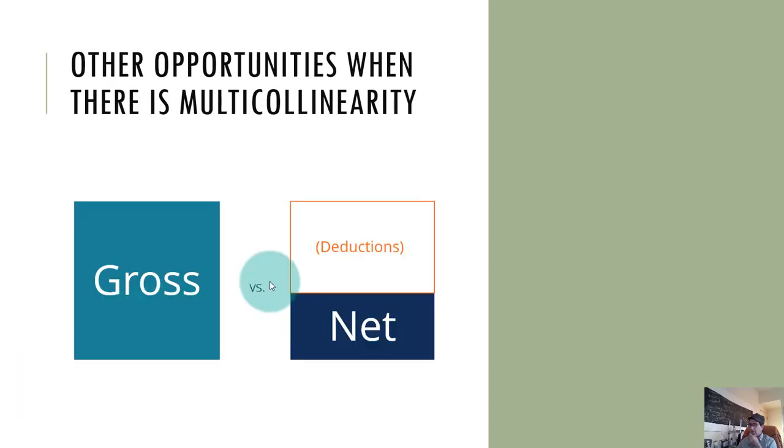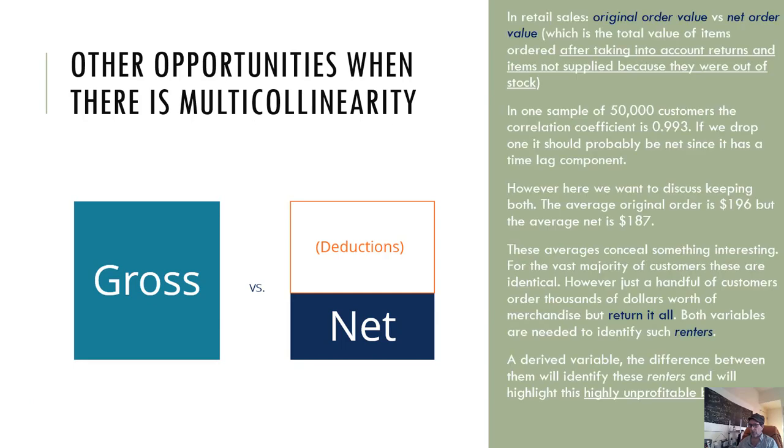In terms of correlated input variables and the issue of multicollinearity, we said that sometimes we don't want to just get rid of those variables or just get rid of one of them, because the difference between them, or the ratio of the two of them, can be insightful. And we saw that in this case we can identify renters. We had the concept of renters, or people that are abusing our ordering system.